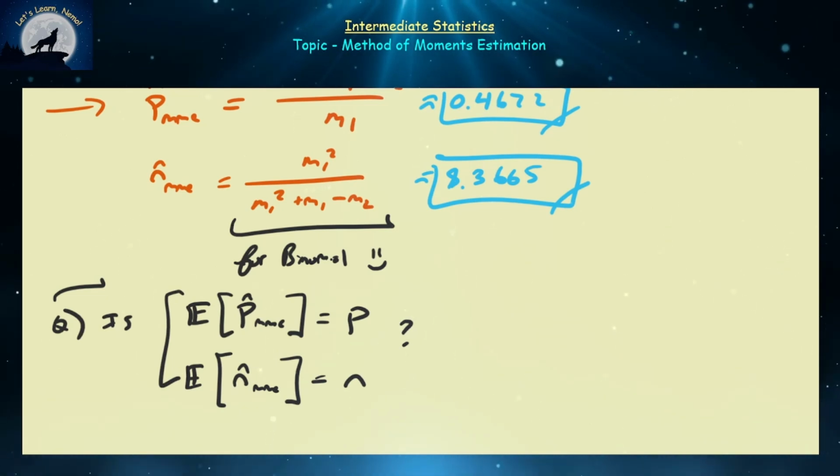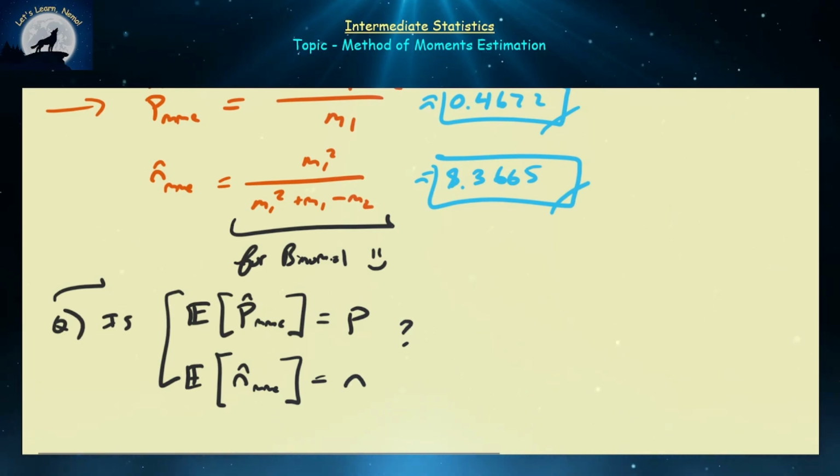They're not necessarily exactly equal to these values, but they are roughly close, but there is some bias associated to it. But the distributions of p hat MME and n hat MME are not exactly the easiest to construct, but you can always approximate them. That's not a big issue, right? But keep in mind, these are estimators, so you can consider the bias or lack of unbiasedness for these estimators. And this also goes for other adjectives that we'll discuss later, such as consistency and efficiency, and so on.